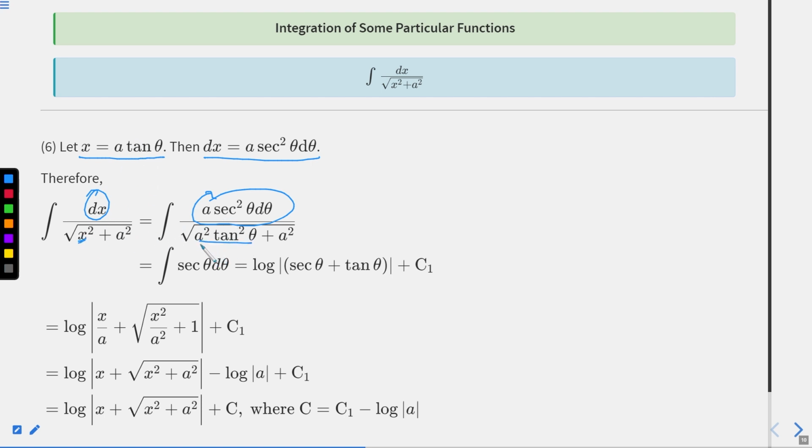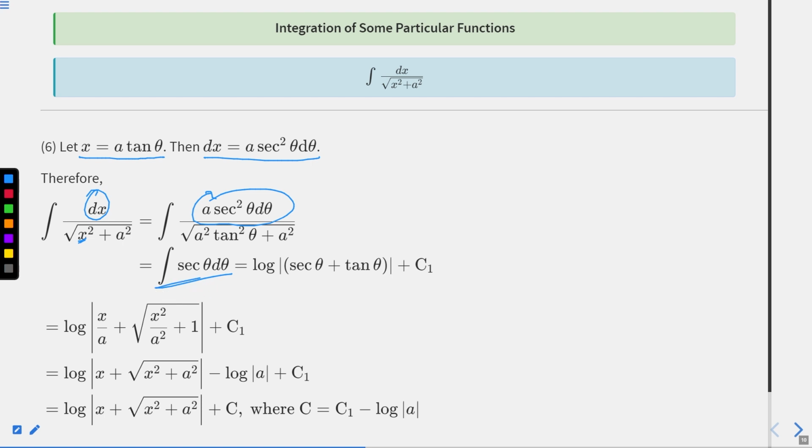In the numerator you will have root of a sec theta whole square, which leaves only a sec theta. So a will be cancelled, and one sec theta will be cancelled from the numerator. So you are only left with the integration of sec theta d theta.